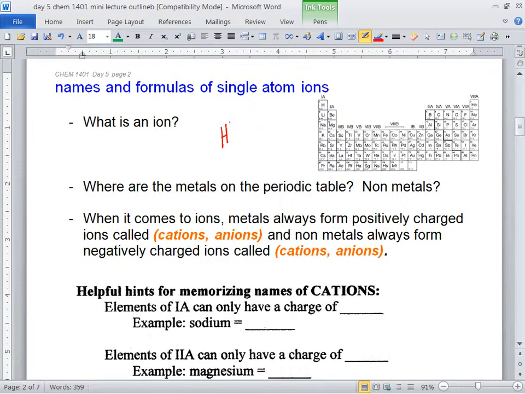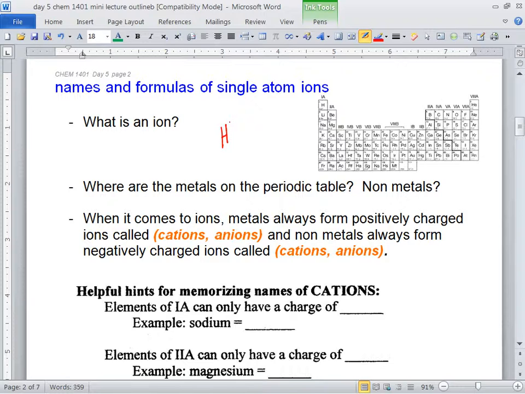Now remember, these atoms all have a nucleus and they have neutrons and protons in there. But to make the ions, you're either adding what or removing what from that atom? Electrons, right? You add electrons, the thing becomes negative or positive. If this thing grabs onto more electrons, it's going to get negative because now it has too many.